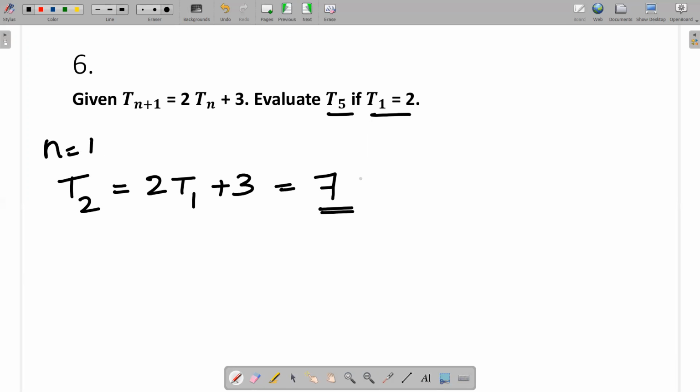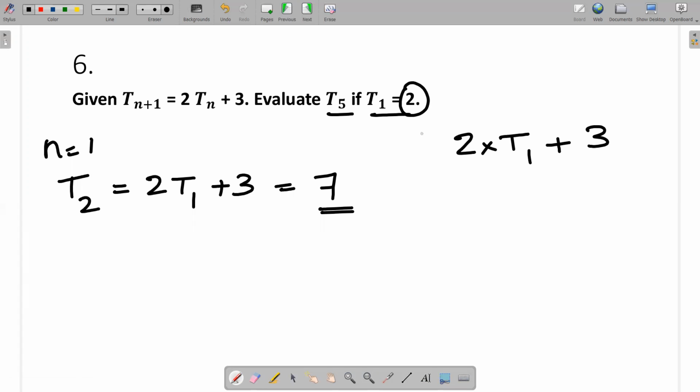So basically what you are doing here is, if you want to find the second term, you take 2 times the first term and then add 3 to this. You know that T1 is equal to 2, so you are multiplying the first term by 2.